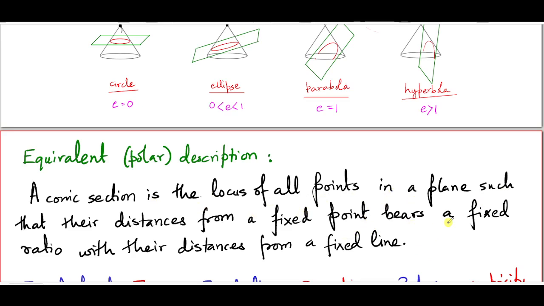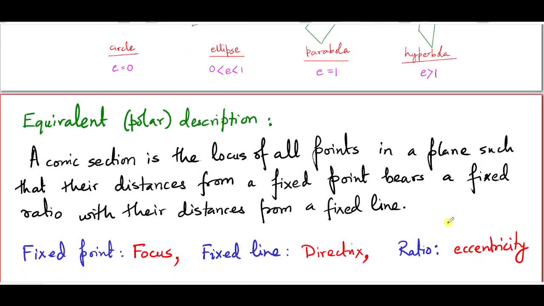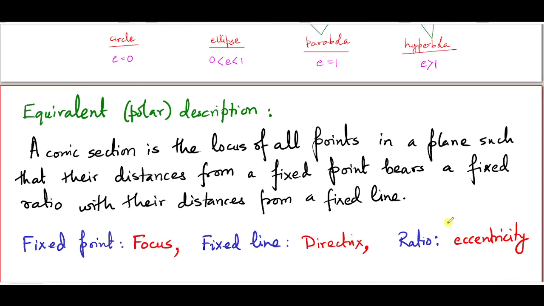Here we start with a particular fixed point, which is the so-called focus of the conic section, and a fixed line, something called a directrix. Our conic section is the locus of all points such that the distances from the focus and the directrix bear a constant ratio. Indeed, this ratio is what you call the eccentricity E of the conic section.